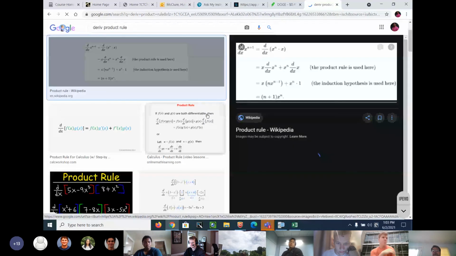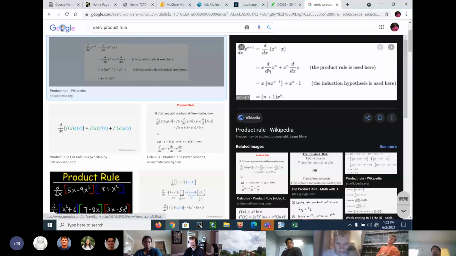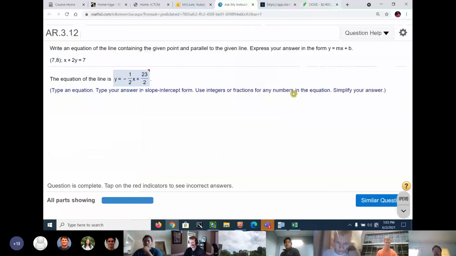Here it is: first times the derivative of the second plus the second times the derivative of the first. Once you look at that for a couple of seconds, it'll brain fry you. So I don't teach that at all.